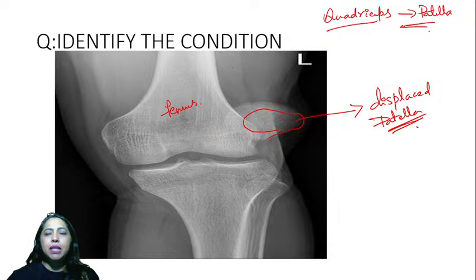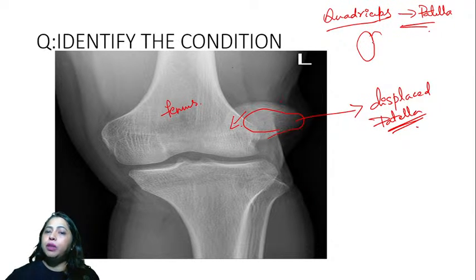But what happens is, since the medial side is bigger, and there is this lateral side and the medial side, there are facets on the lateral and the medial side on the back side of the patella. So it is actually articulating with the femur bone, and it forms a joint, and it is a part of the knee joint. It is called patellofemoral joint.